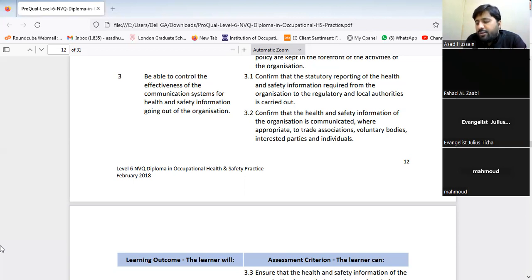In this case, you have to explain that if someone is visiting your place, how you are informing them, how you are communicating with any interested parties and trade associations.